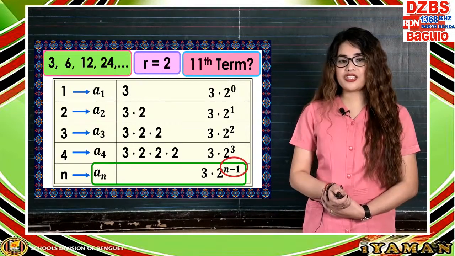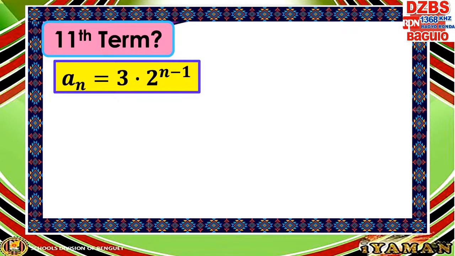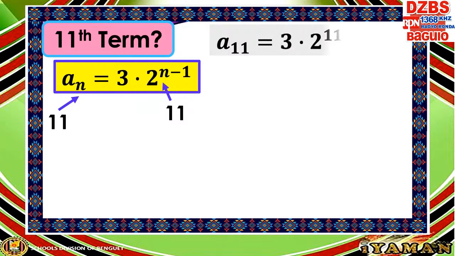Now we've got a general rule for this sequence. So if we want to find the 11th term, all we have to do is replace n with 11. So that means we will have 3 times 2 raised to 11 minus 1. Simplify that, we have 3 times 2 raised to 10.